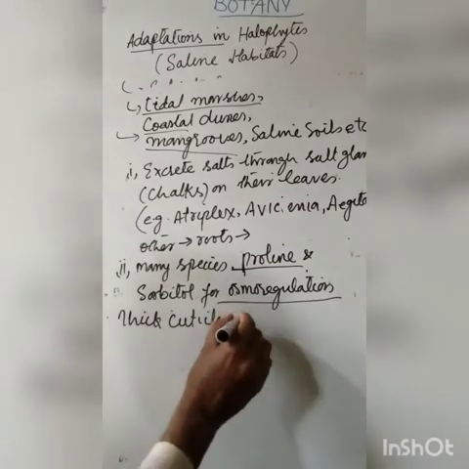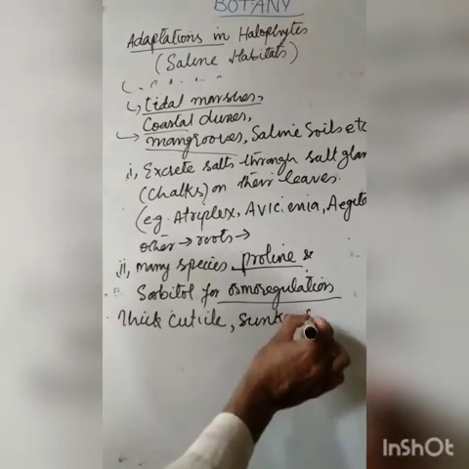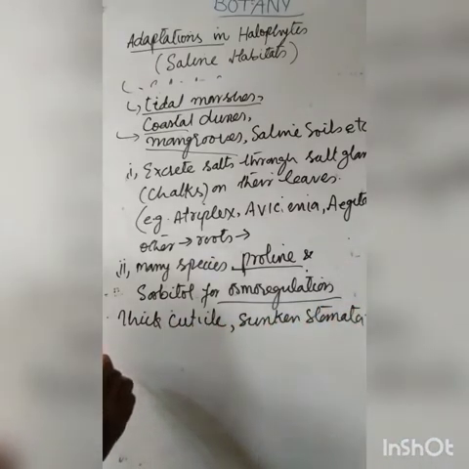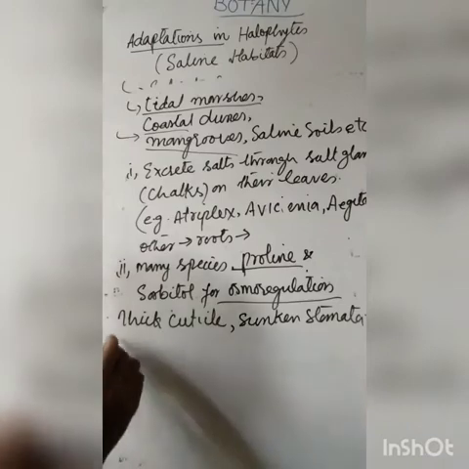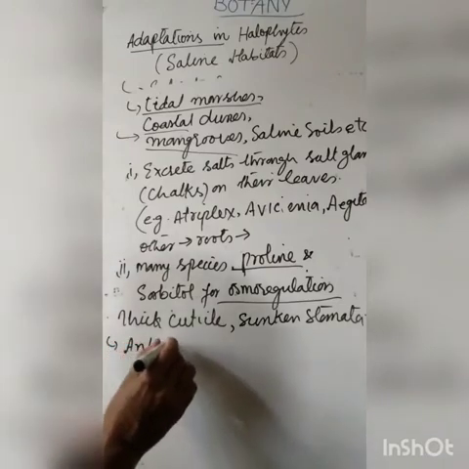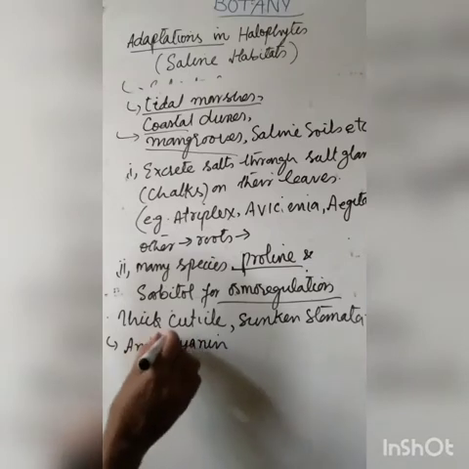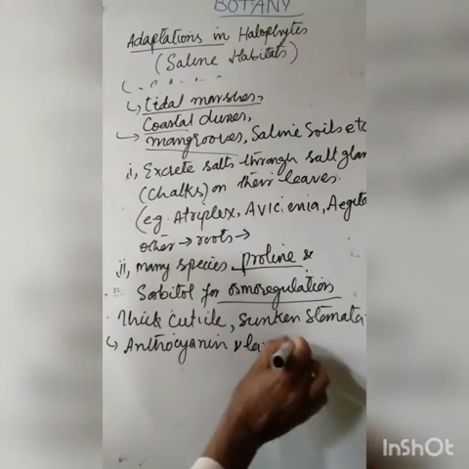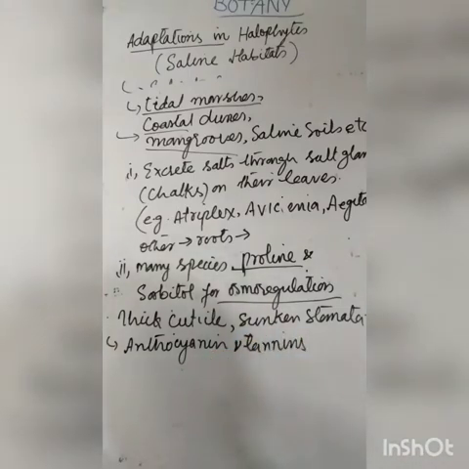These also have sunken stomata. And they also accumulate anthocyanin pigments and tannins. These occur to reduce insolation and prevent desiccation.